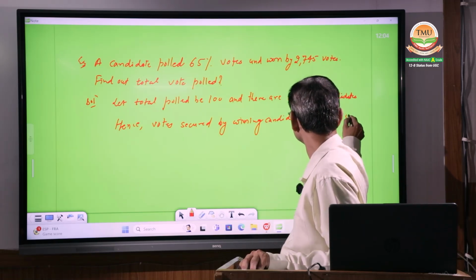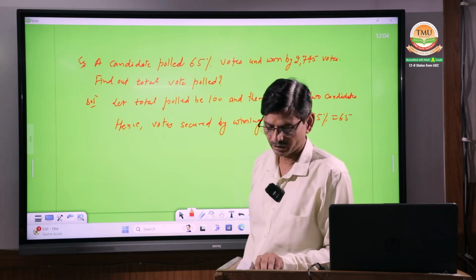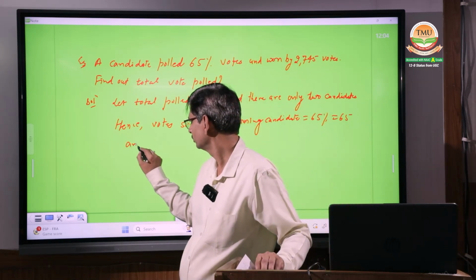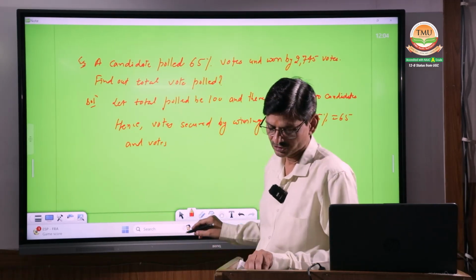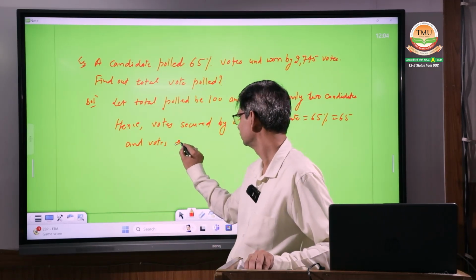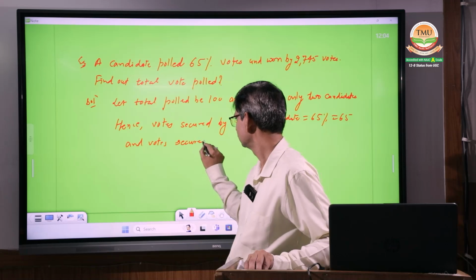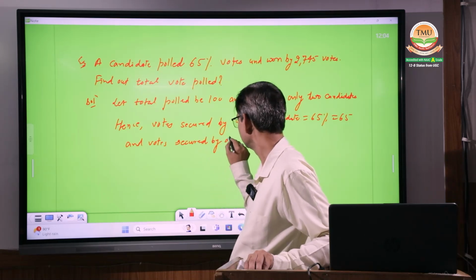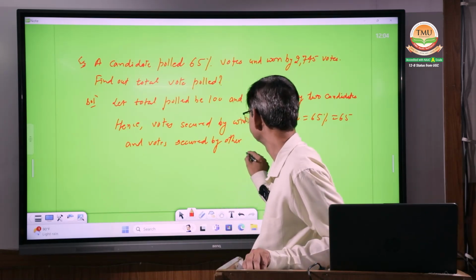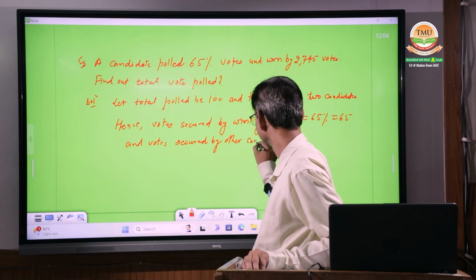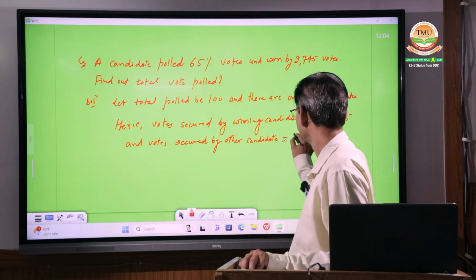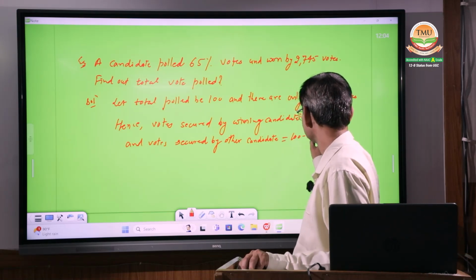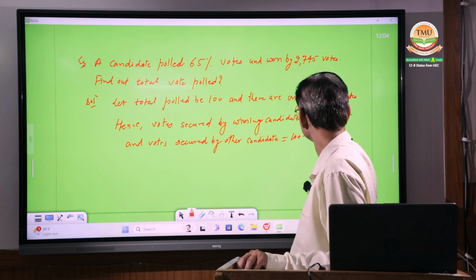That is 65. And votes secured by other candidate, that is 100 minus 65, which will be 35.